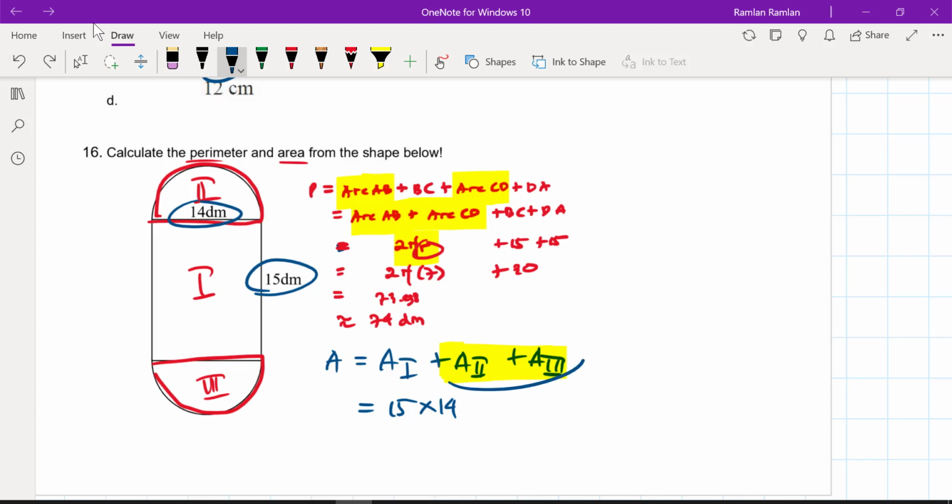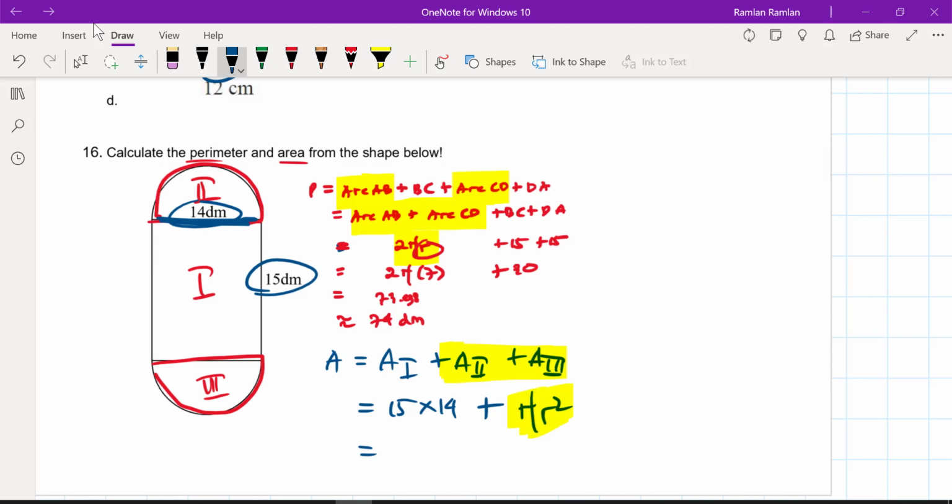For area number 2 and 3, we can actually again combine those two. That'll be pi r squared, because the area of a circle is pi r squared. So this is going to be the combination of these two. Okay, now we can change the r in here. Previously, you know that the r is 7 because this 14 is the diameter, right? So to find the radius is just divide this diameter by 2.